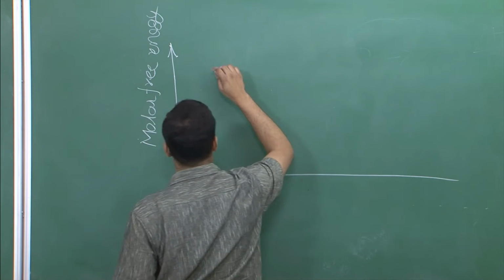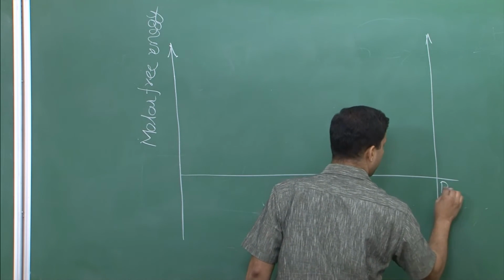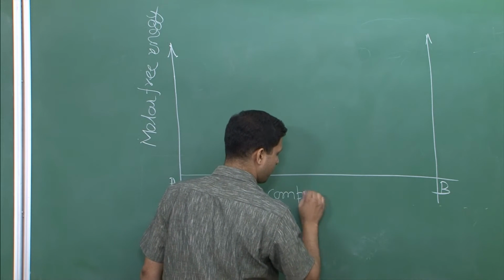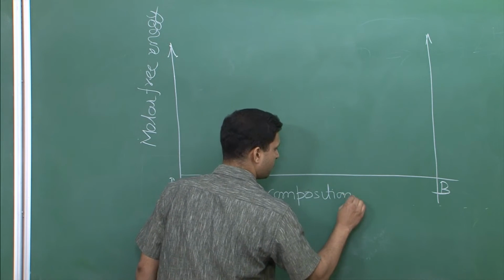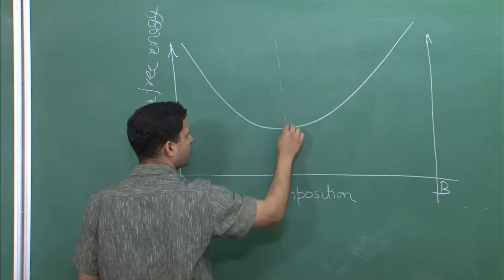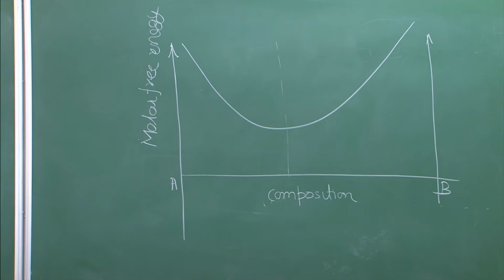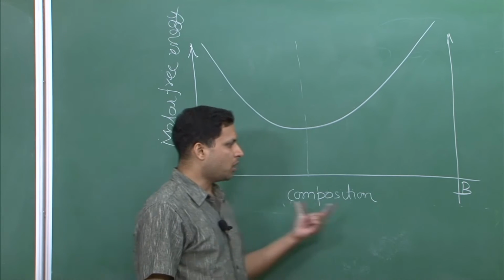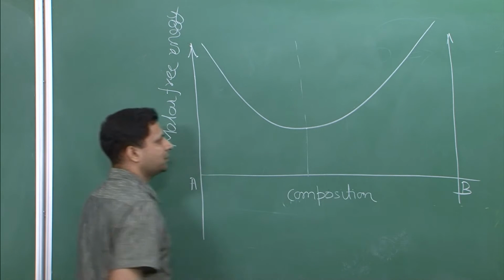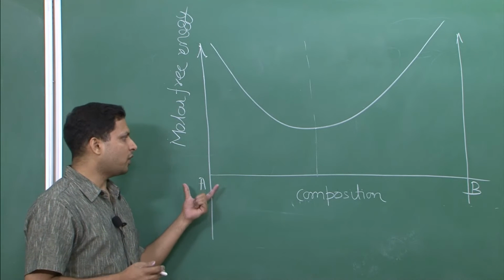and since the solid phase is the only phase that can exist, over here we have B. On the x axis basically you have composition, so this tells you the overall change in the energy, the Gibbs free energy of the system which has two components A and B. Now, like I said earlier, this is good enough for the system, but what about the energy for the individual components?